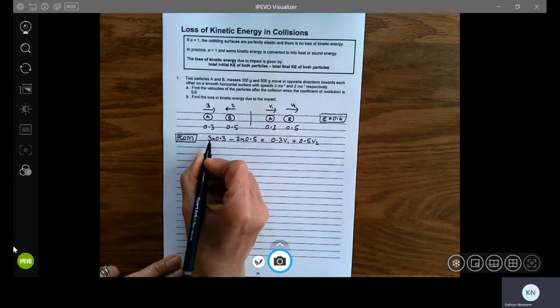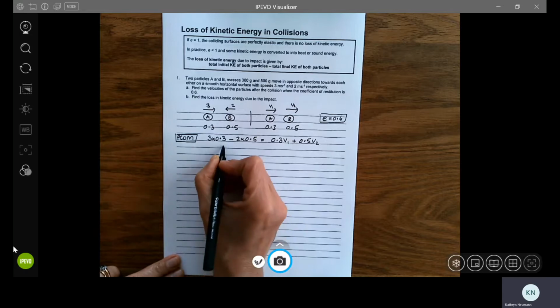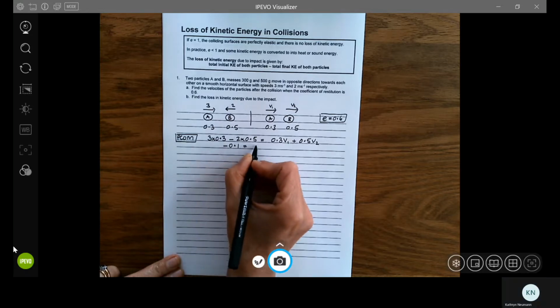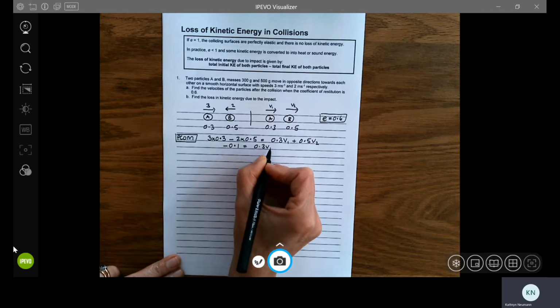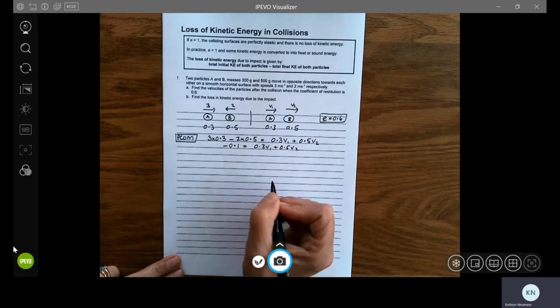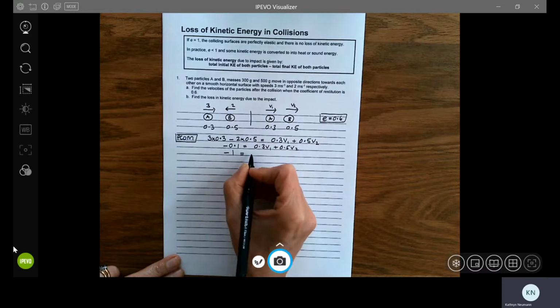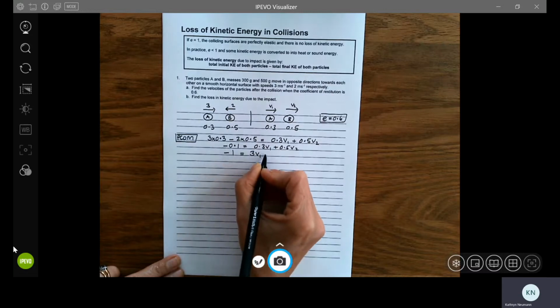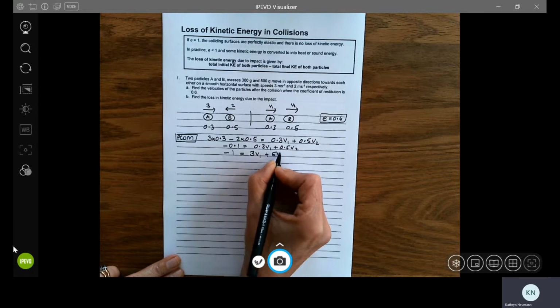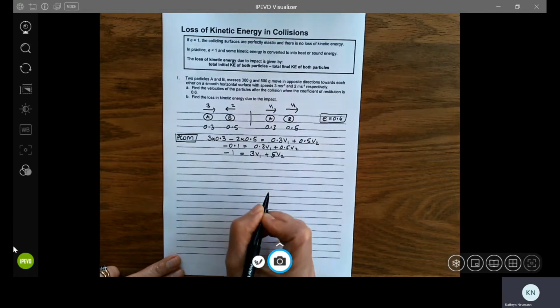Working this out, this is 0.9 take away 1, so I've got minus 0.1 is 0.3 V1 plus 0.5 V2. I'll multiply all the way through by 10 here. Minus 1 is 3 V1 plus 5 V2. So that's my first equation.